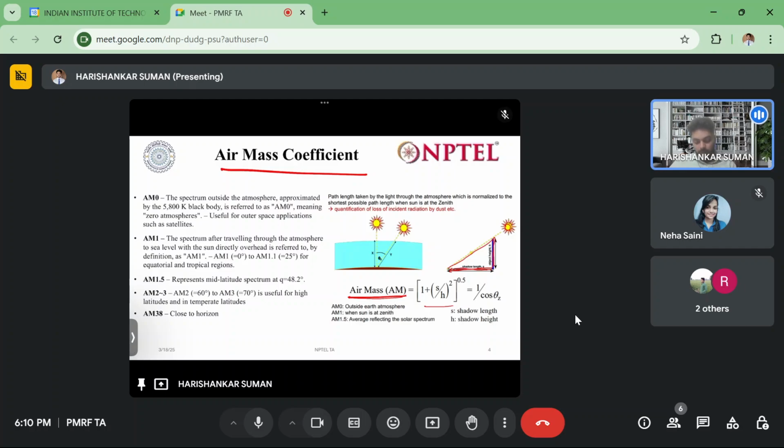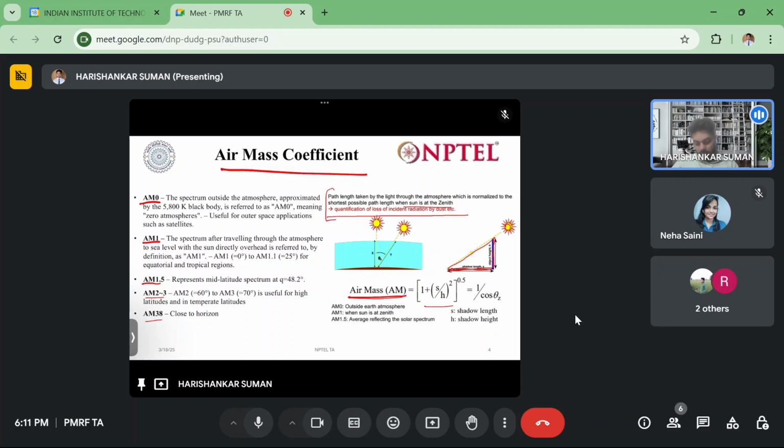Okay, in definition, it is the path length taken by the light through the atmosphere, relative to the shortest possible path length when the sun is at zenith. It quantifies loss of irradiation by dust. So let's see one by one. Air mass 0, 1, air mass 1.5, 2 to 3.